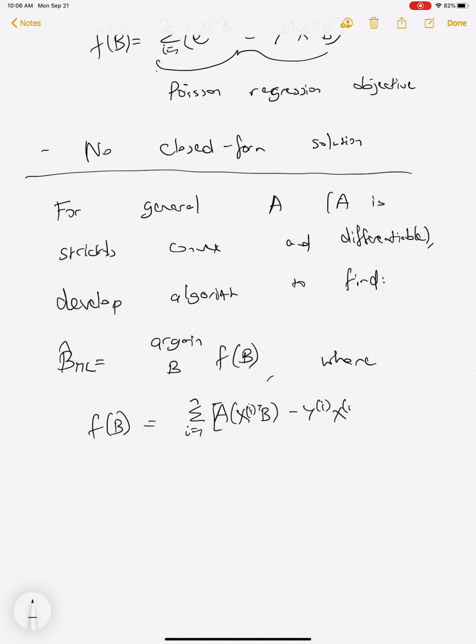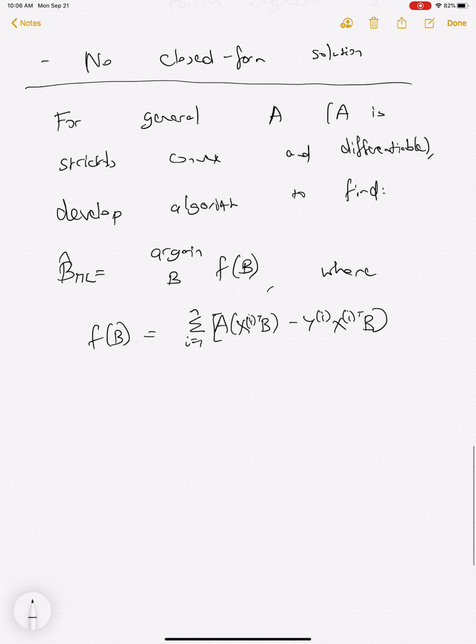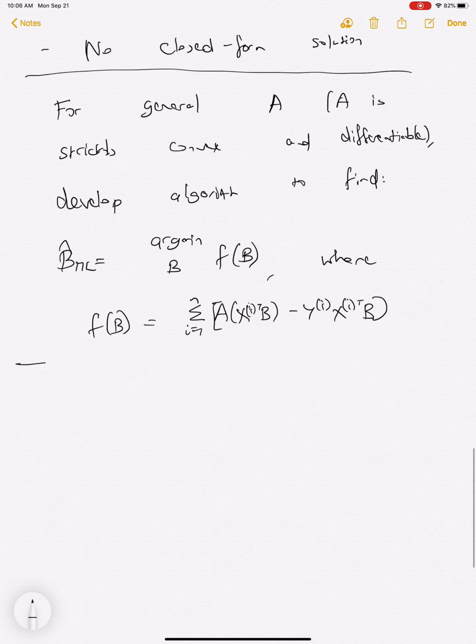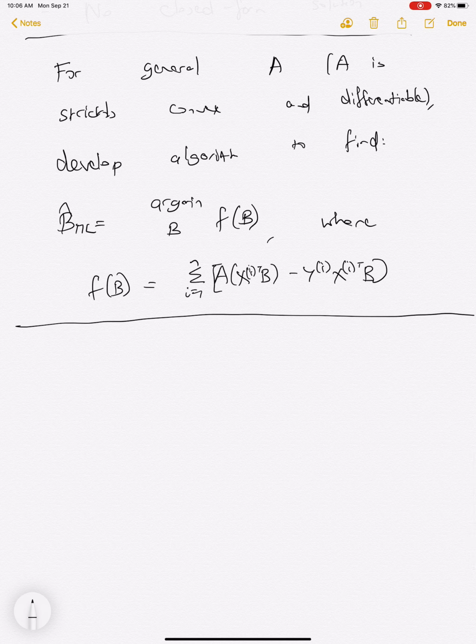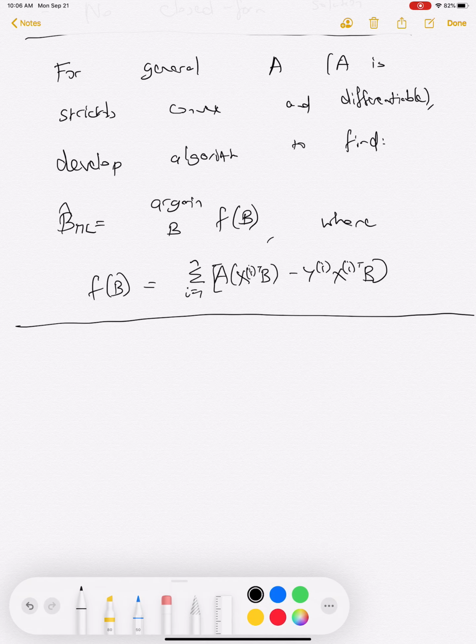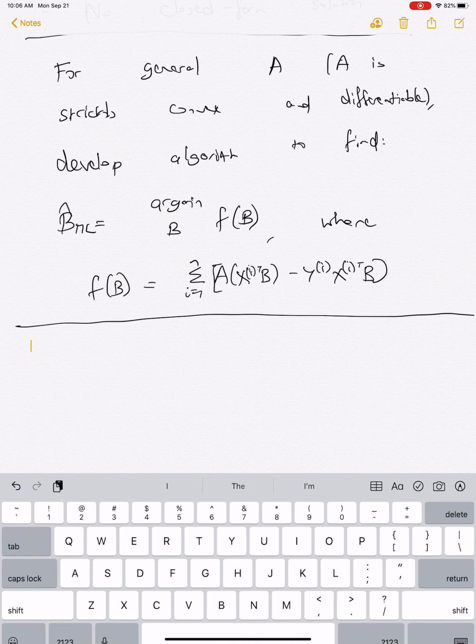Okay, so there's various ways that we could try to solve this, but as I mentioned, one very general approach that is used a lot in statistics and machine learning, and generally tends to work really well, provided you use good step sizes and good starting points, is gradient descent.